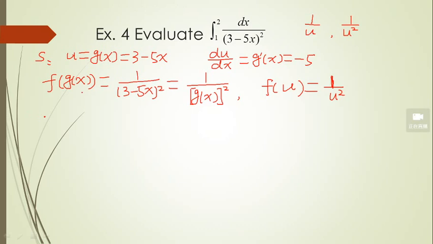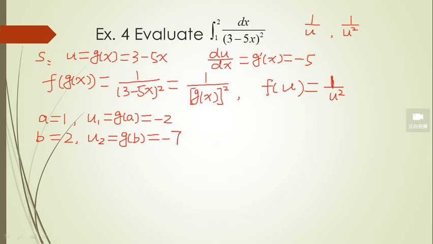Then we forgot the lower and upper limit for u, right? So when a is 1 and b is 2, let's calculate the lower limit for u, which is g(a), which means when x equals 1. So that is minus 2, right? And then b is 2, so the upper limit is g(b), which is when x is 2, which is minus 7, right?